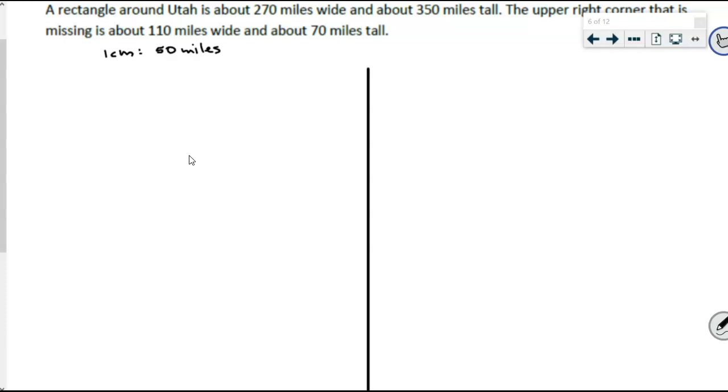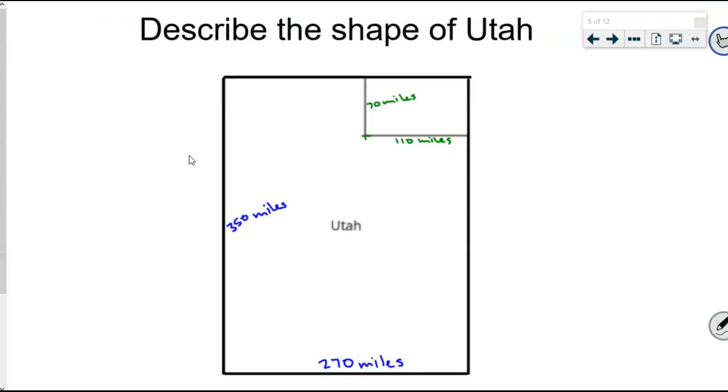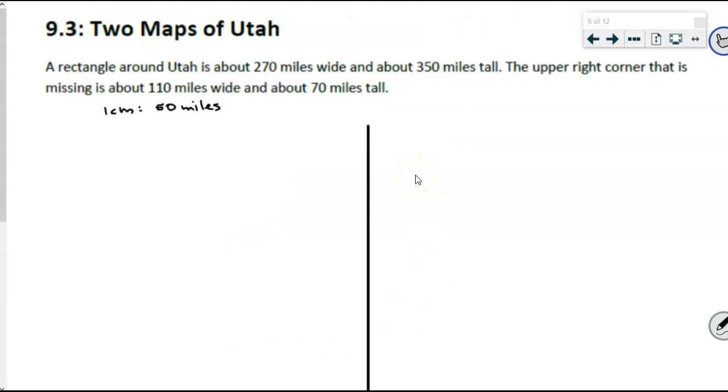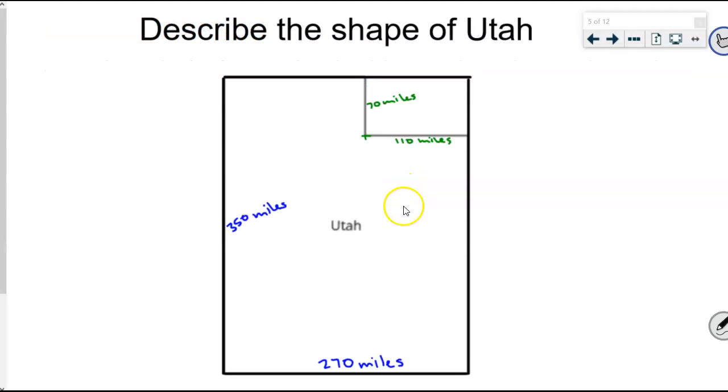I want you to start thinking about how we can use the actual measurements to help us know exactly how long we need to be drawing each part over here. I'm going to leave it on this screen while you discuss, and while online learners pause the recording so that they can go through that same thought process. Then we'll come back together and figure out what those measurements would be and draw it together. Pausing the recording now.